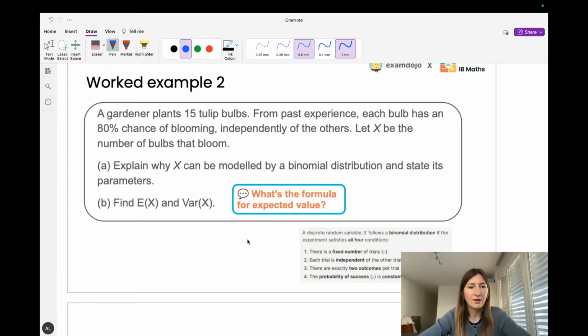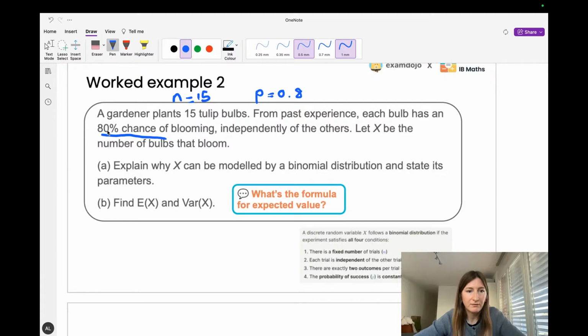All right. So a gardener plants 15 tulip bulbs. Hopefully alarm bells are ringing. You think, oh my word, n equals 15. From past experience, each bulb has an 80% chance of blooming. Okay, there's a probability there. So p equals 0.8. We like to put these in decimals.